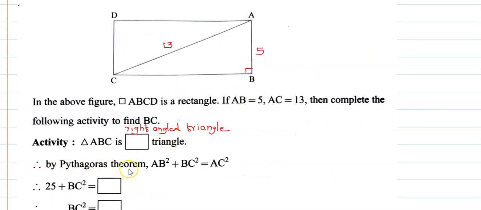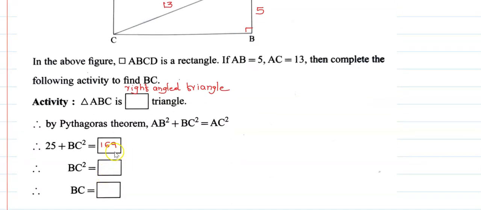Therefore, by Pythagoras theorem, AB square plus BC square is equal to AC square. AB is 5 square, means 25, and AC square is 13 square, that is 169.